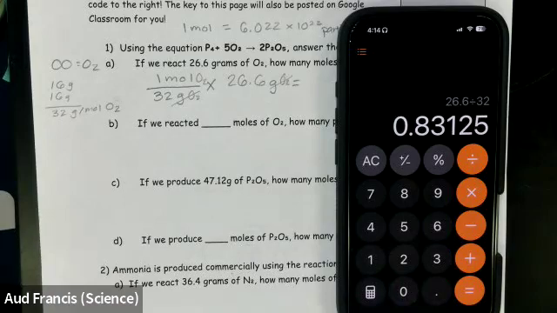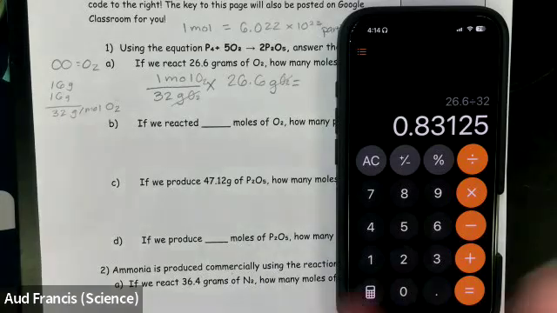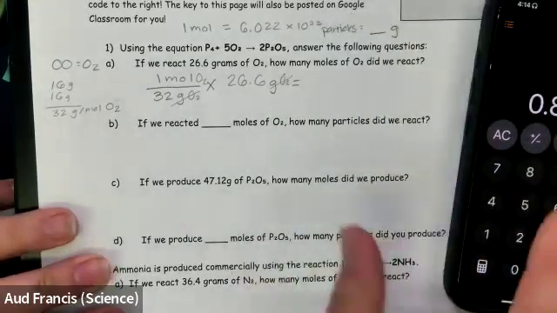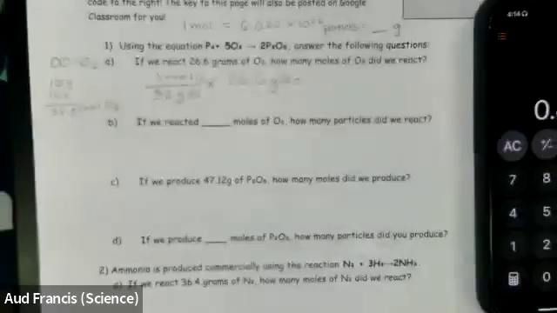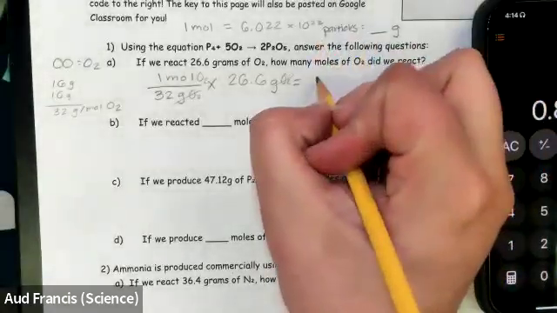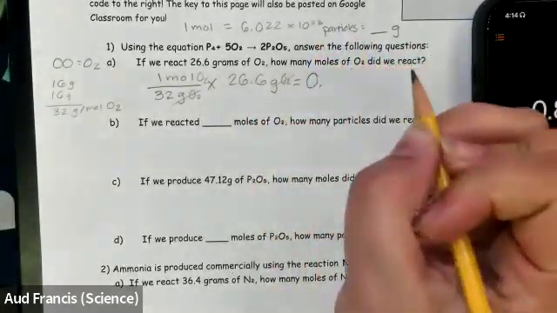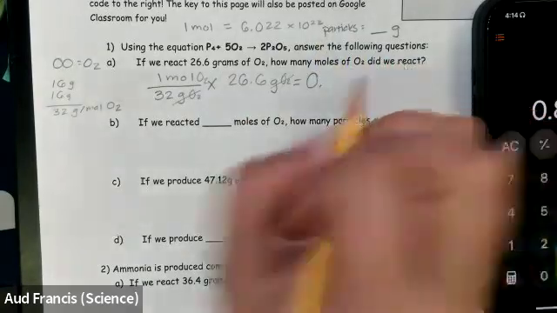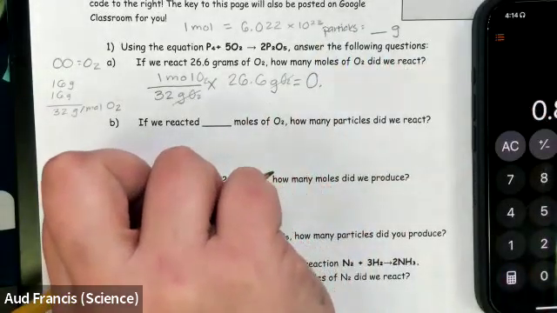So it gives me 0.83125 moles of oxygen gas. I am going to round this, to be honest with you here. In class, for about 90% of what we've been doing, we've been rounding it to the hundredths place.